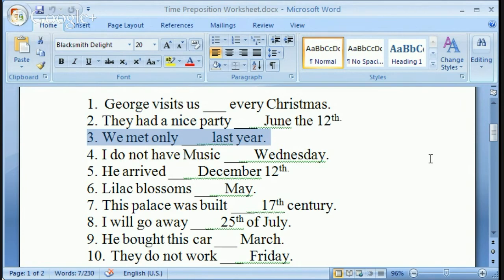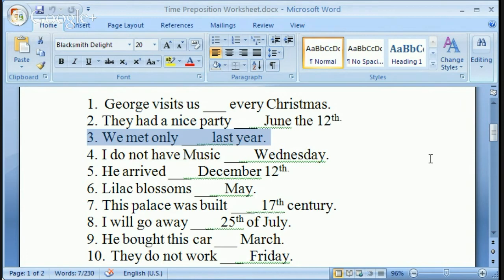Okay, we met only in the last year is also possible. What is the difference between the last year and just last year? There is a difference. We met only last year means, what year is it now? 2014, right? We met only last year means we met in 2013.